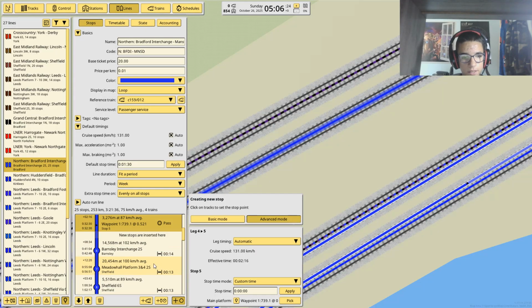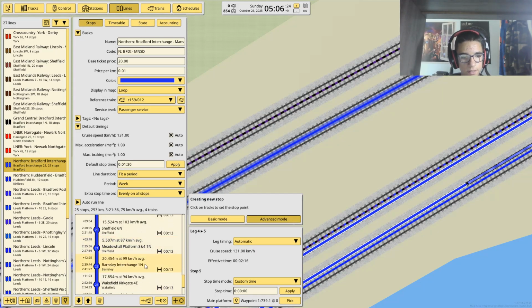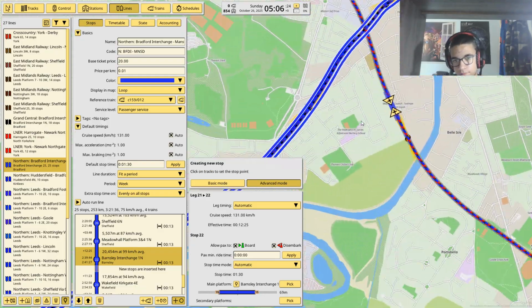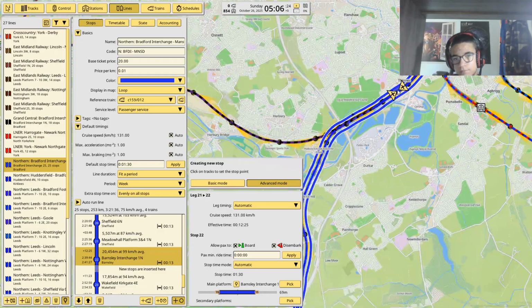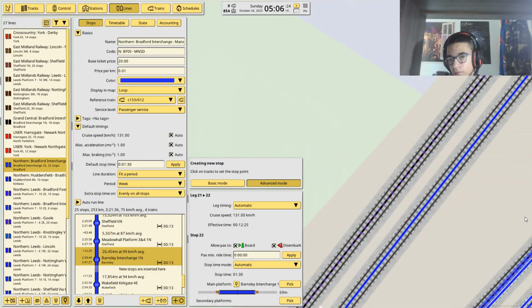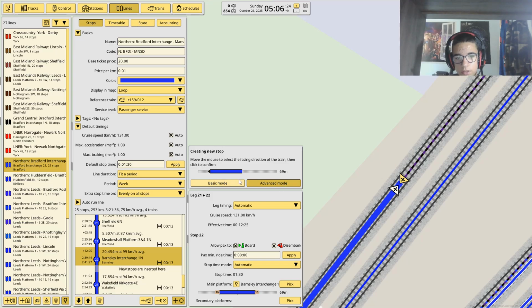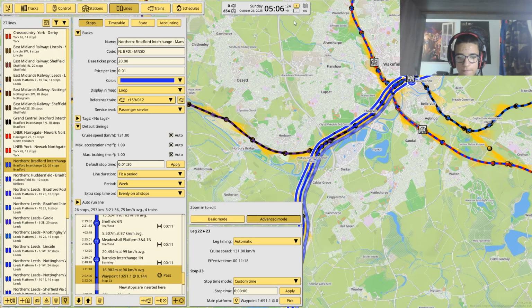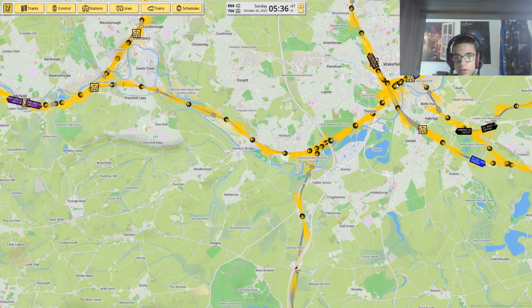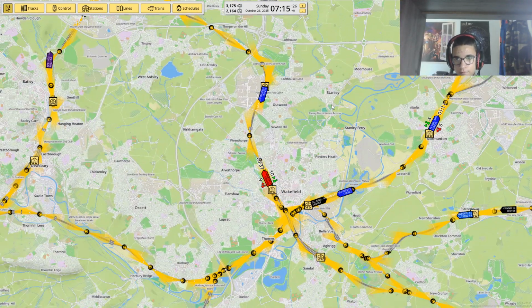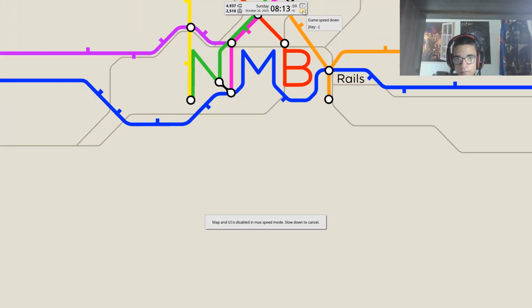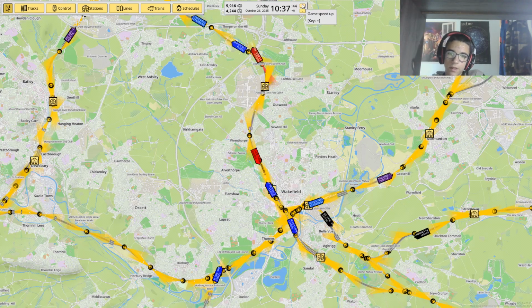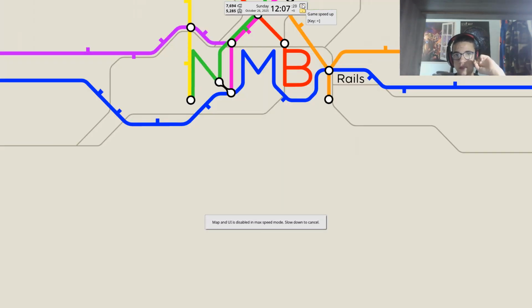We forget Barnsley, and then Barnsley to Wakefield. Maybe not this one. There we go. So we got that finished. That shouldn't cause any more problems, I don't think. Yeah, that was probably the main problem with Wakefield, because obviously we didn't quite link it to that bit of the line.